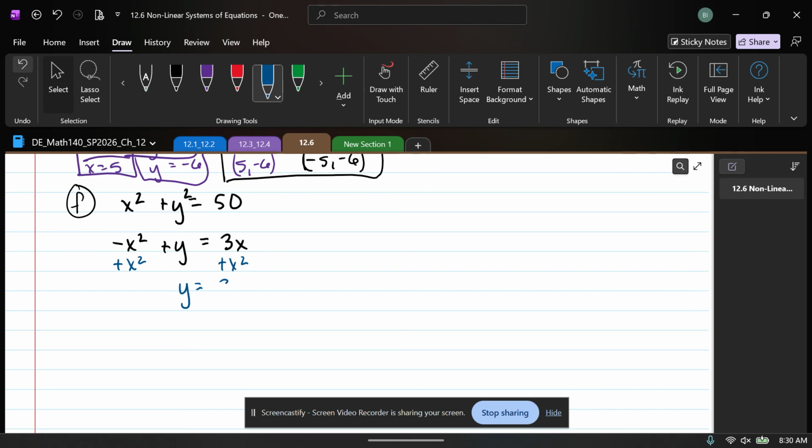So y equals x squared plus 3x. And then I'm going to take that stuff and substitute it in for y in the other equation. And this is where this one gets to be a lot of fun.